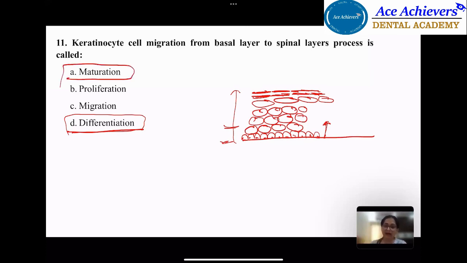The movement of the cell from one layer to another is known as migration. Clear? Just remember all these important terminologies and what the question is asking. Here it says basal to spinous layer, the immediate next layer, so that will be differentiation. The answer here will be D, differentiation.